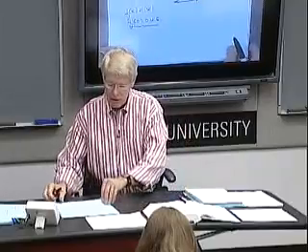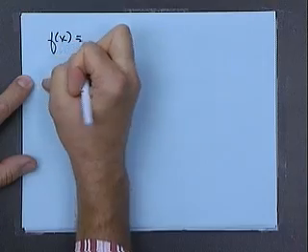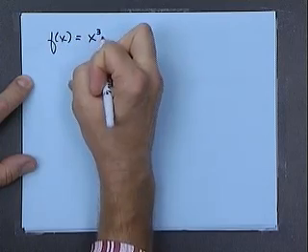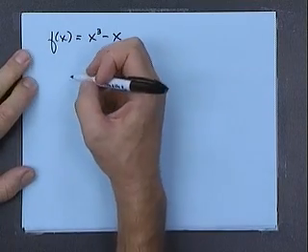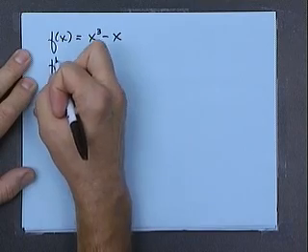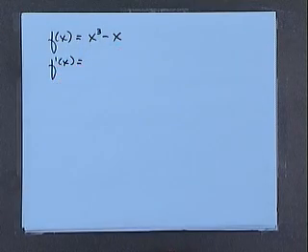All right, let's take a well-behaved function. We like them when they're well-behaved. Nice cubic polynomial. Let's find the derivative and then get an interrelationship between the original function and the derivative graph.